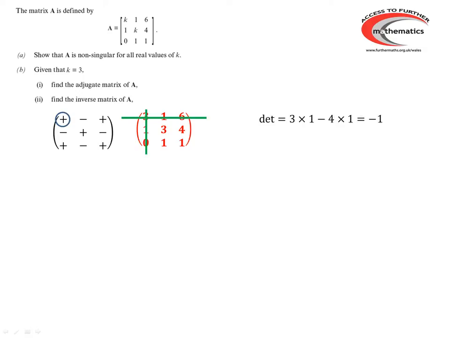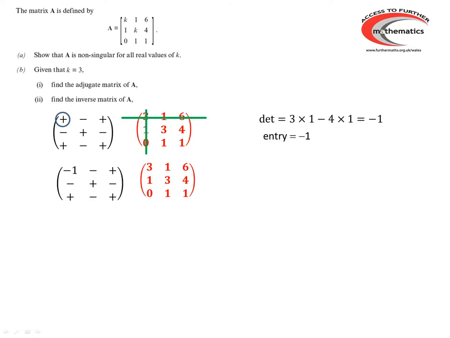So in this case, 3 times 1 take away 4 times 1 is minus 1. And then the entry on the cofactor matrix that we make is, in this case, the same sign as the determinant. So the entry is going to be minus 1.